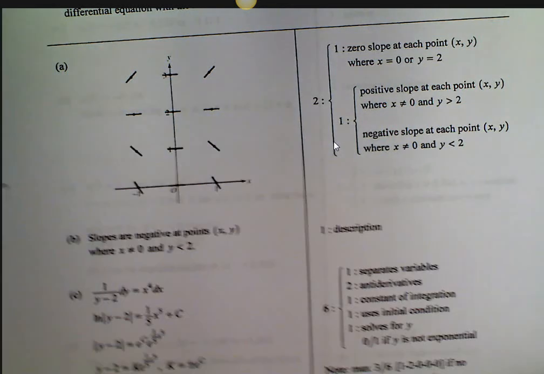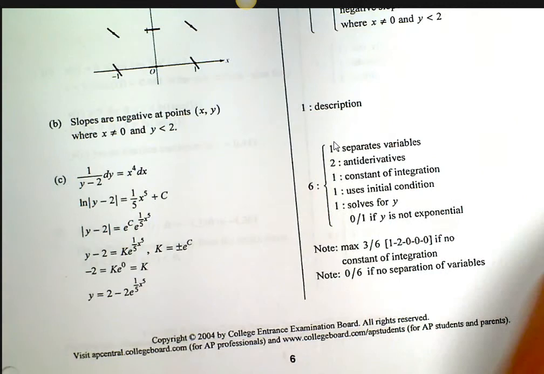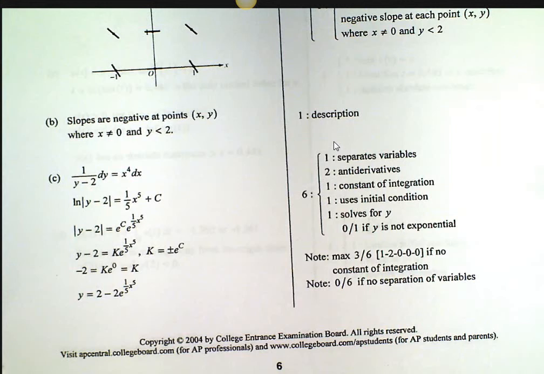Find the solution y for the differential equation with the given initial condition. So, did you separate the variables? Did you get this before you integrated? Give yourself a point. Did you do your antiderivatives correctly? Did you get this?